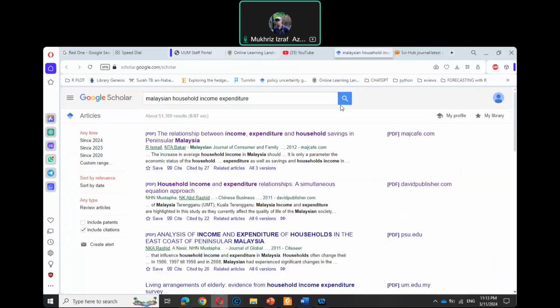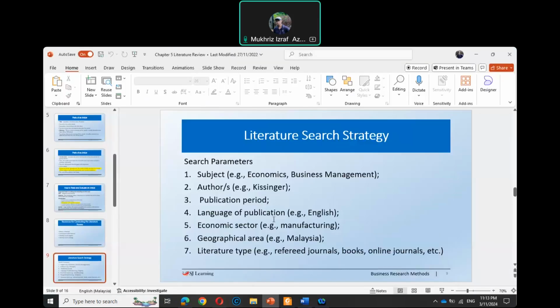Dia actually macam illegal punya website, but what to do, sometimes we have no other option. To find the articles, kita rasa artikel tu ada kaitan, but our library do not subscribe to the journal sebab mahal dan sebagainya. So we can use Sci-Hub lah, a very popular website among students, nak dapatkan artikel.